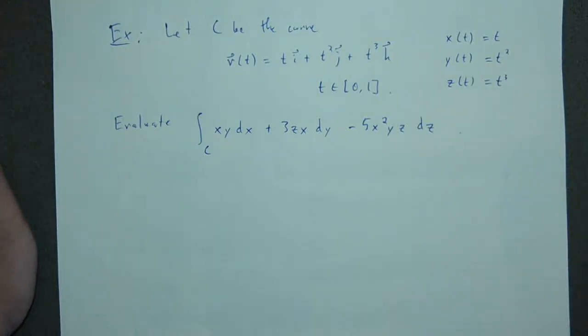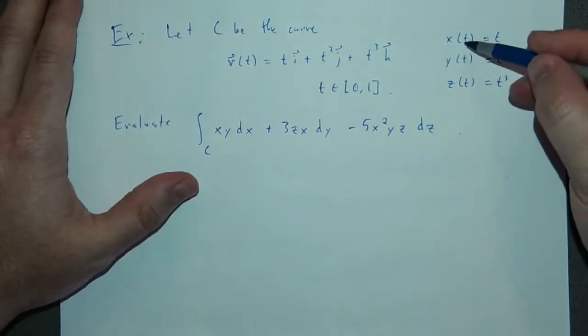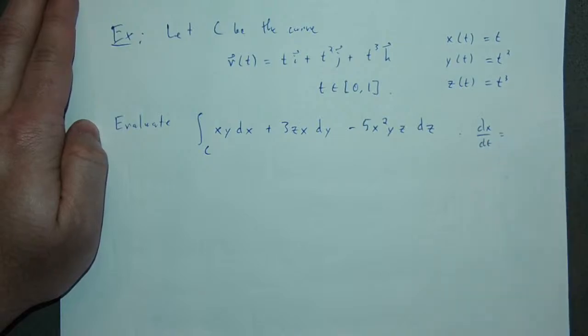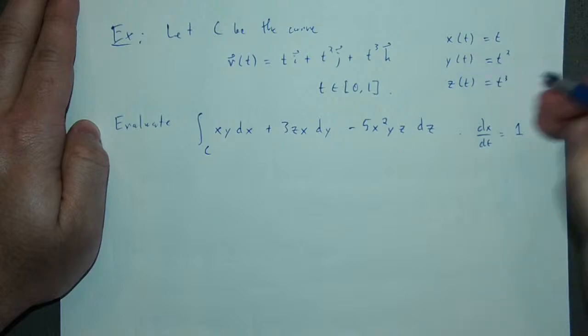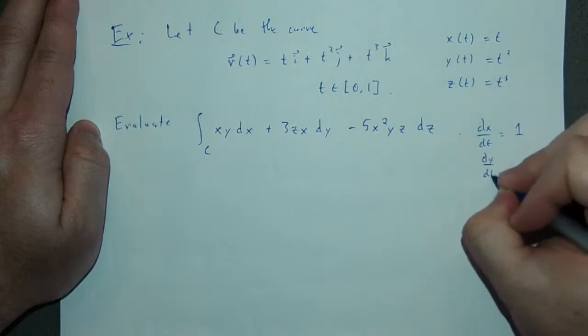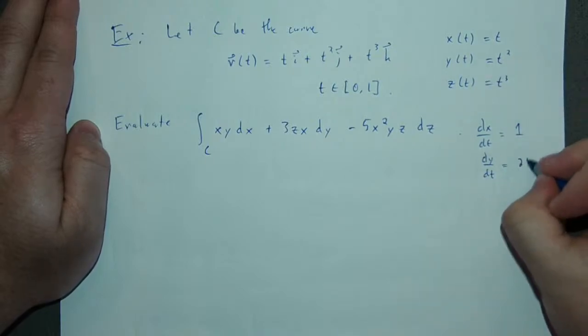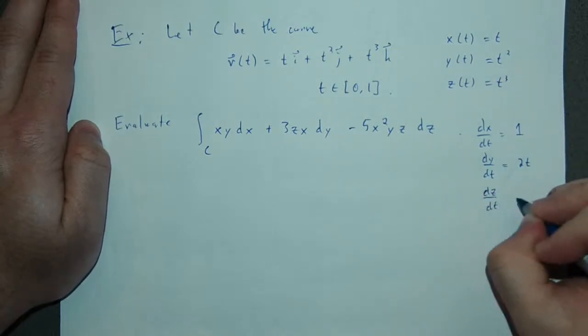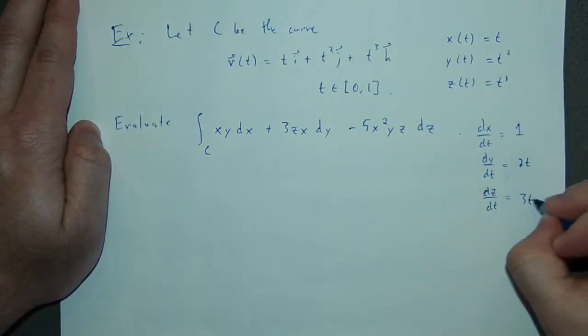Then, if I think of dx, dy, and dz as being the dx/dt, dy/dt, and dz/dt that I computed before, I can compute those things here. dx/dt is just 1. dy/dt is 2t. And dz/dt is 3t squared.